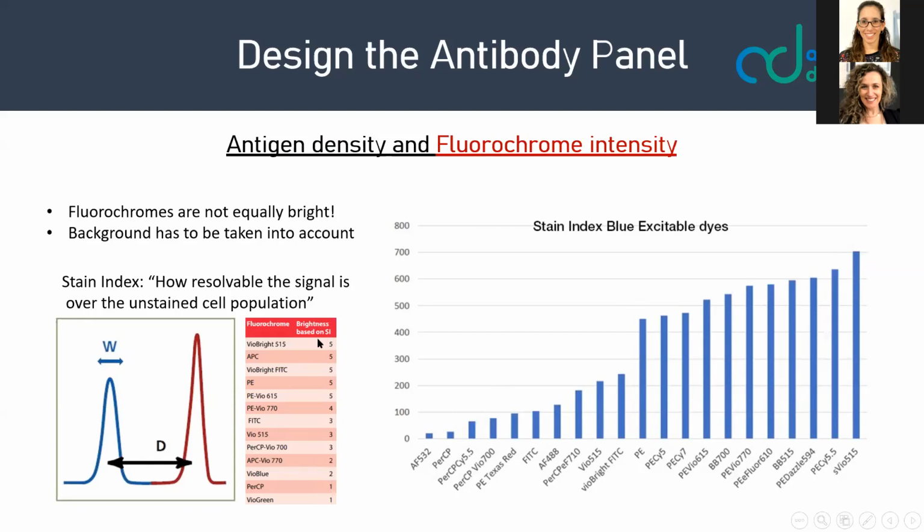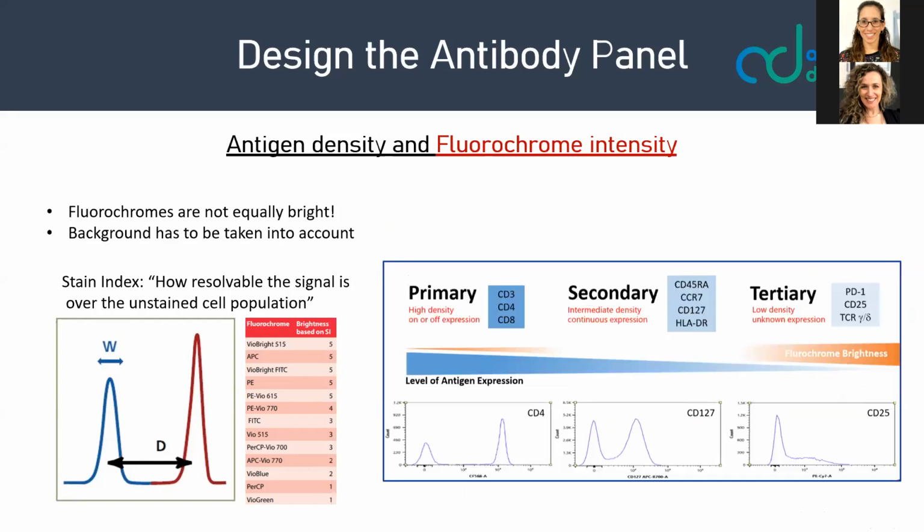You can see this ranking on a scale of 1 to 5. So this is something that we also address when we build our antibody panels. Again, it is very important to show you that the lower the level of antigen expression, the brighter the fluorochrome that you will have to choose for this specific antigen.